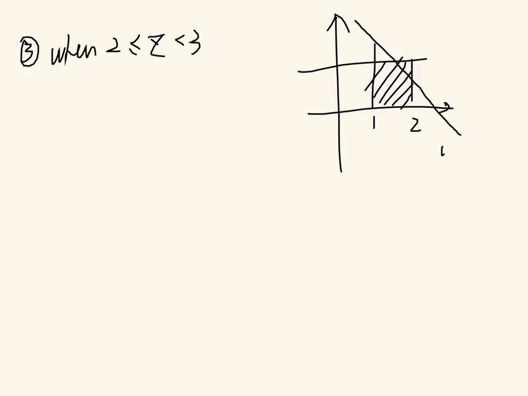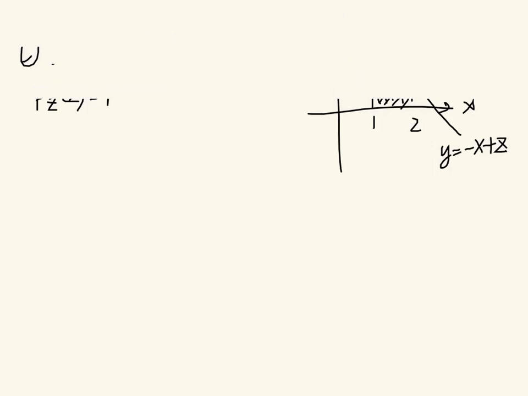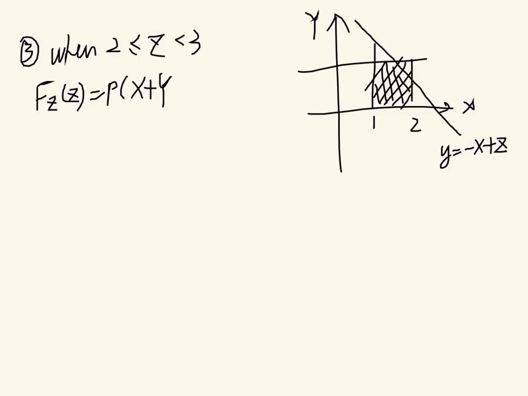This is y equal to minus x plus z. This is x, this is y. So we have F of z is equal to P of x plus y less than or equal to z. It should be this area.